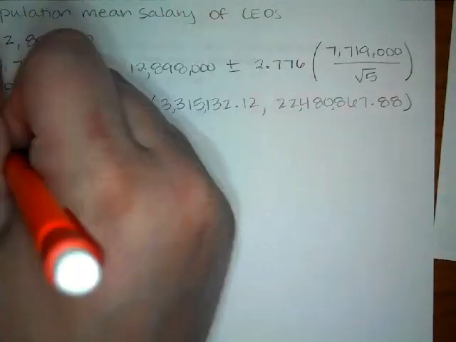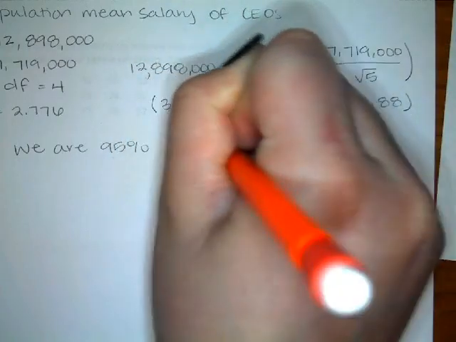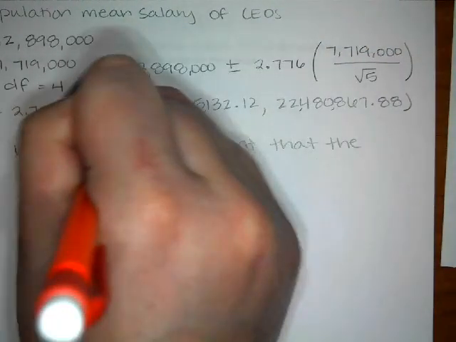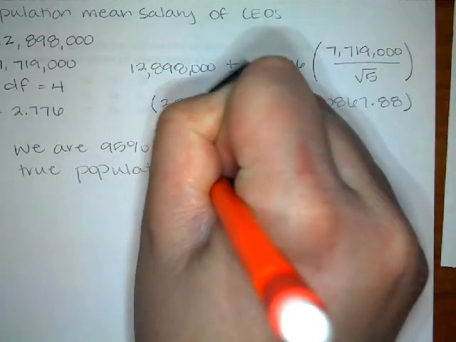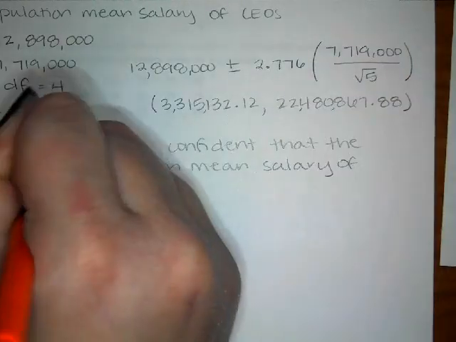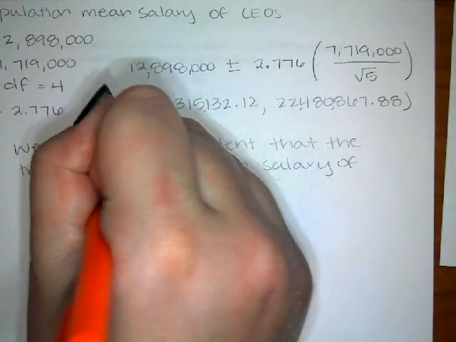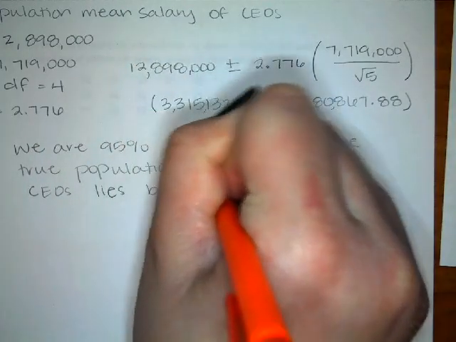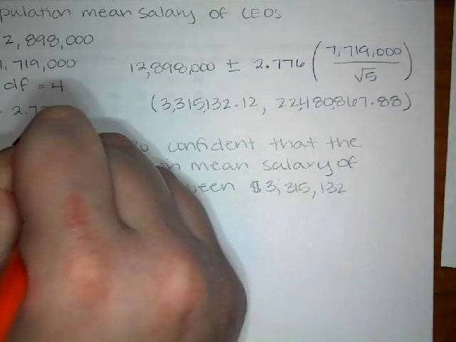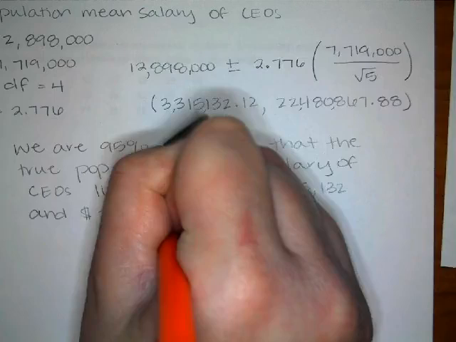So we're going to say we are 95% confident that the true population mean, and it's the true population mean salary of CEOs, lies between $3,315,132 and $22,480,868.